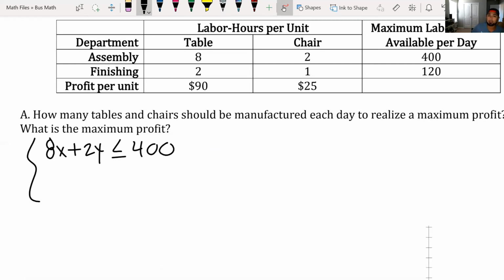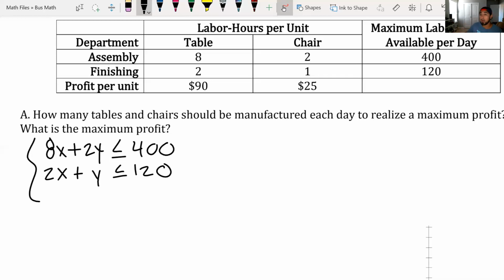Okay, and then for finishing, 2 hours to finish a table and 1 hour to finish a chair. And we are only given 120 maximum hours. Okay, and of course, you know what we have to add to this. This is a business model, which means we can't go below 0.